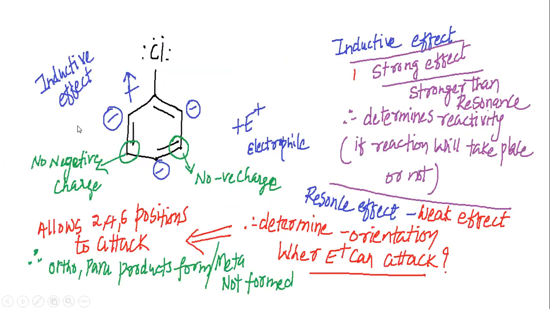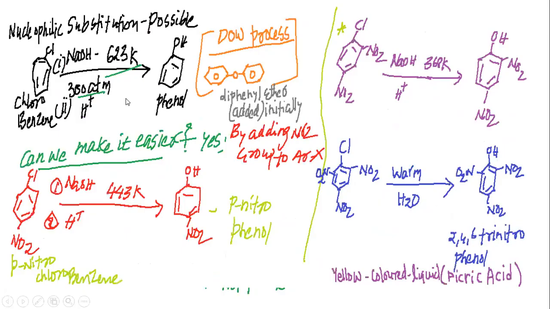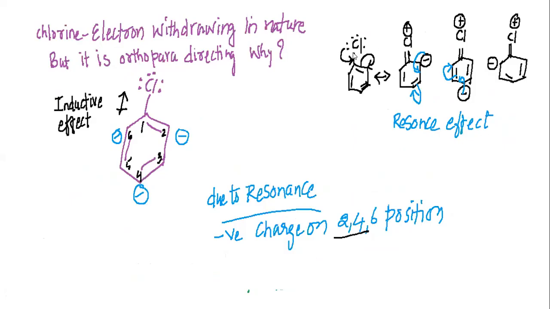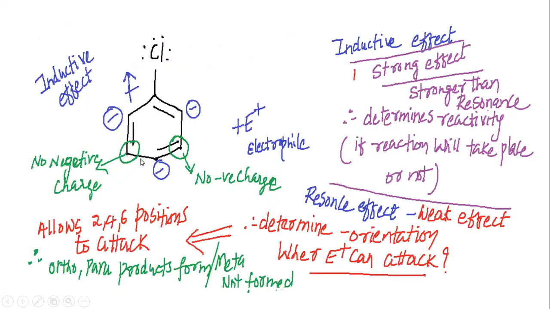My dear students, as we move forward, you can see that when the nitro group attacks chlorobenzene, it attacks as NO2+. So it is the attack of an electrophile. When an electrophile attacks chlorobenzene, it will definitely go to these carbons which are negatively charged.